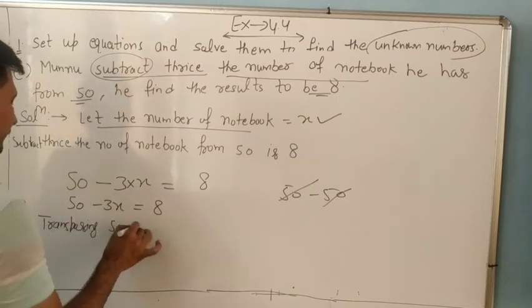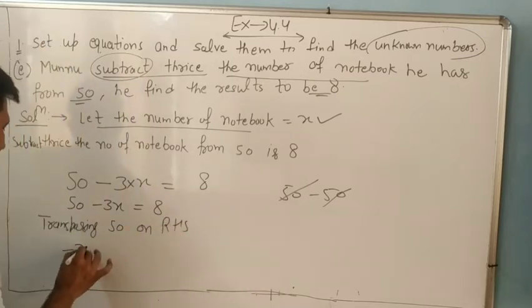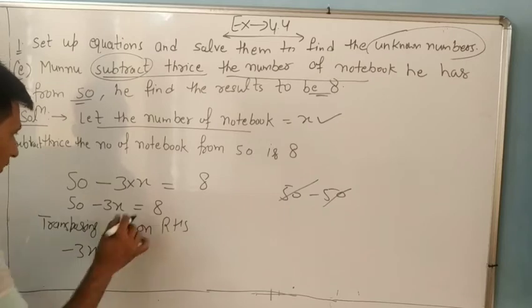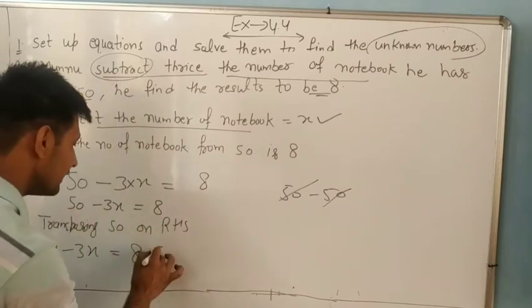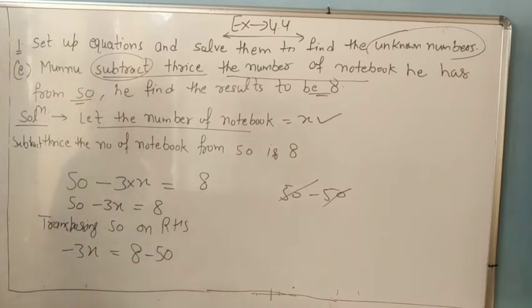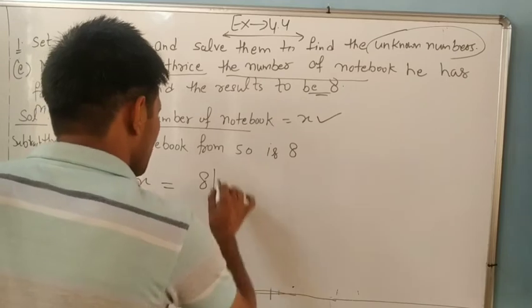Transposing 50 to the right-hand side, it is minus 3x equal to 8, and positive on one side becomes negative on the other.